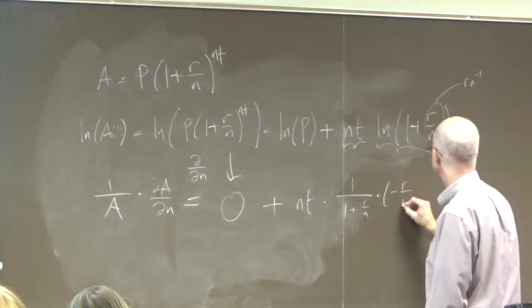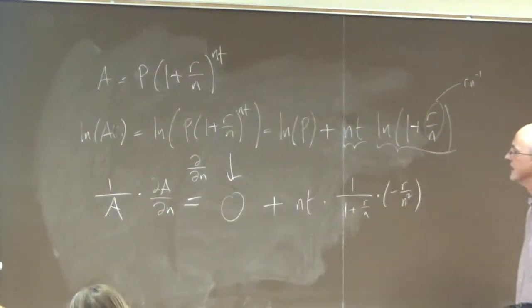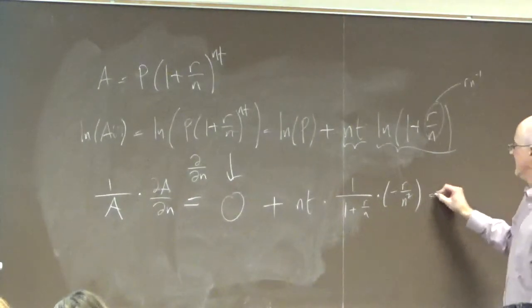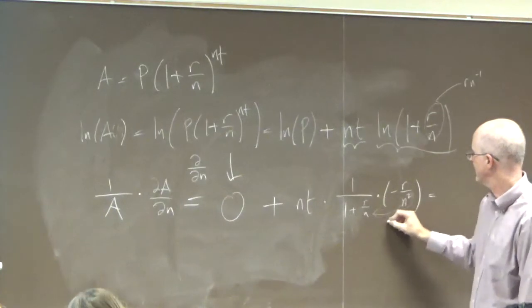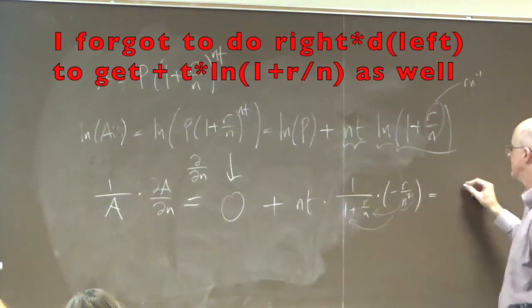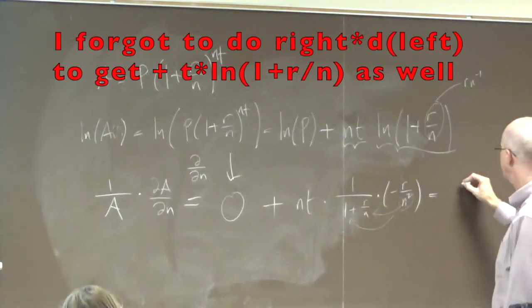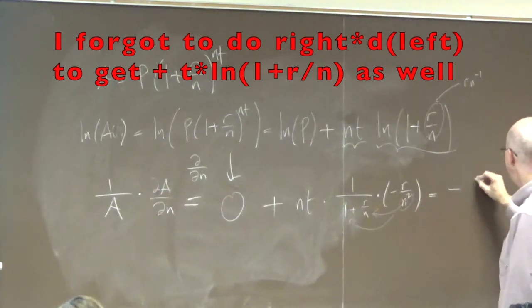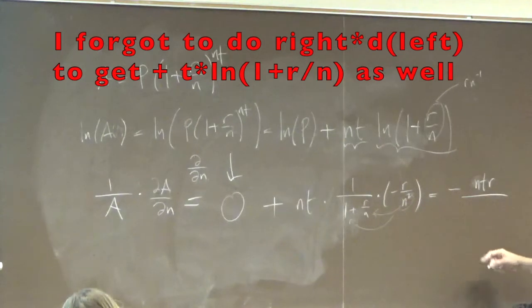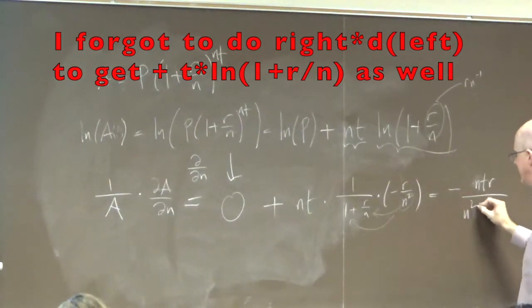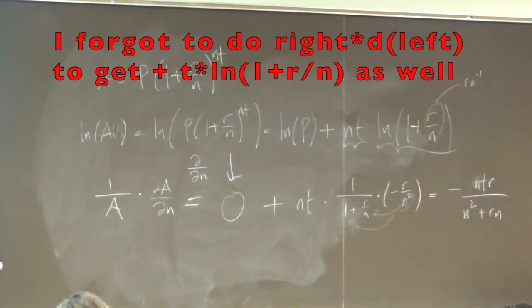I could write that like this. Oh, let's see, this simplifies. I can bring the n squared through the bottom here if I like. I can write on the top negative n t r divided by, in the bottom, if I multiply the n squared through, I get n squared plus rn.